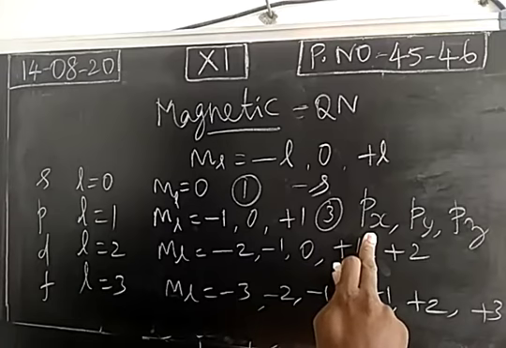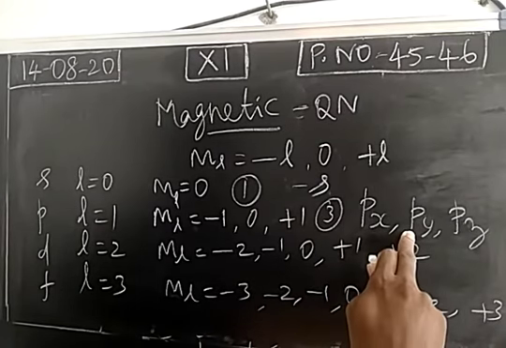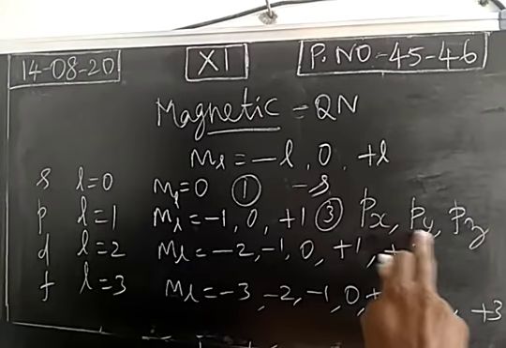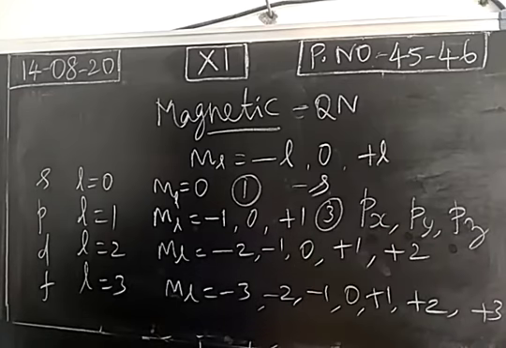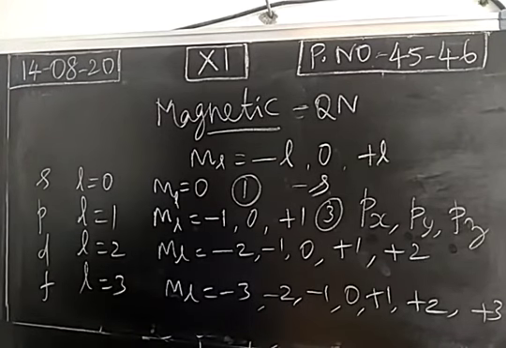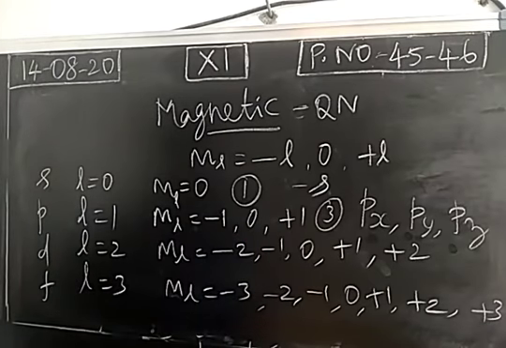The P subshell orienting in the x-axis is the px orbital, orienting in the y-axis is the py orbital, and orienting in the z-axis is the pz orbital. So now the subshell is called an orbital. This is mainly due to the magnetic quantum number, which describes the orientation of the orbital in 3 dimensions.